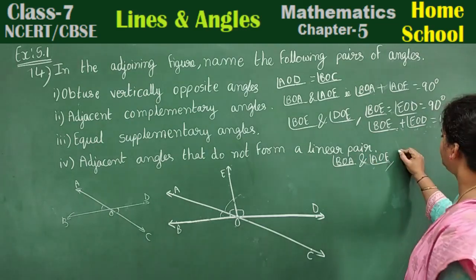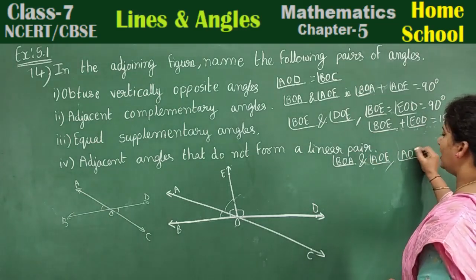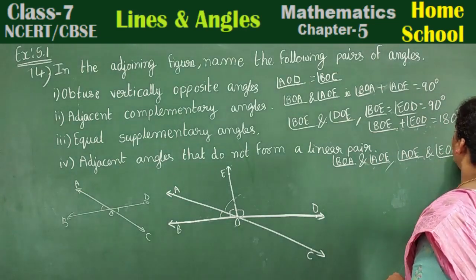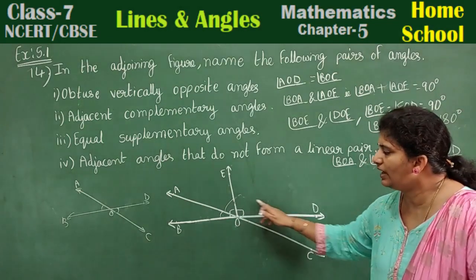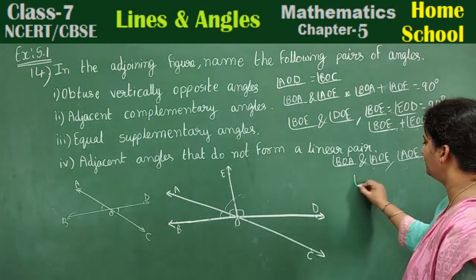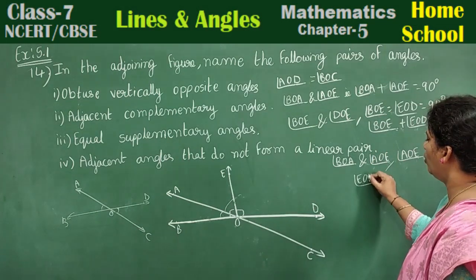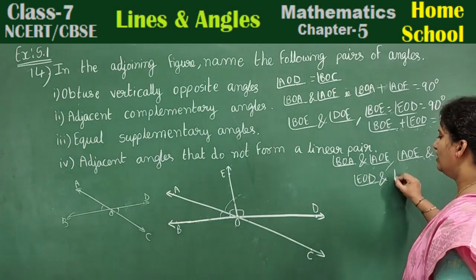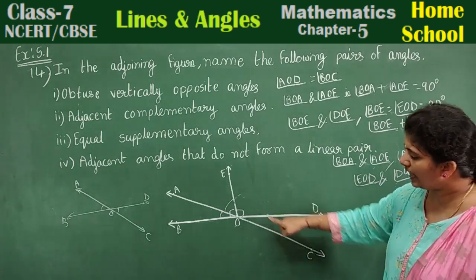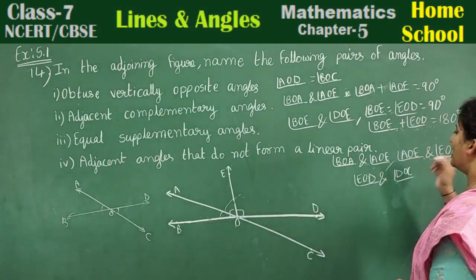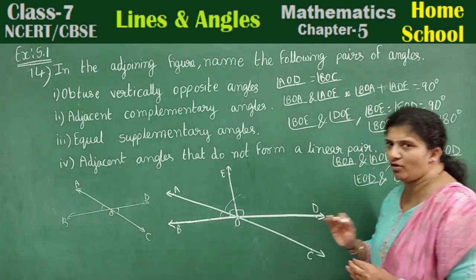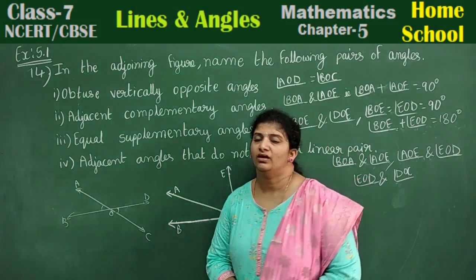Next pair, angle AOE and angle EOD. They are also not supplementary. Next pair, angle EOD and angle DOC. They are also not supplementary. Not supplementary means they won't form a linear pair.